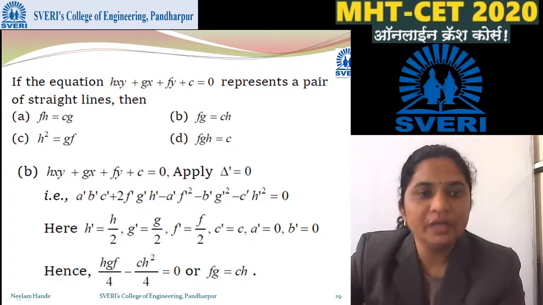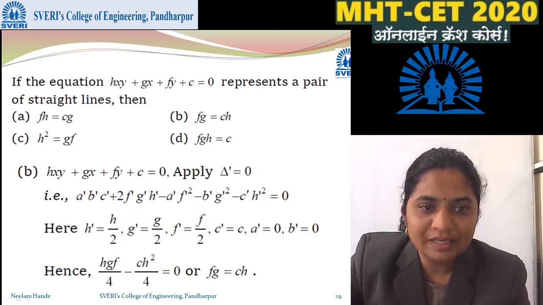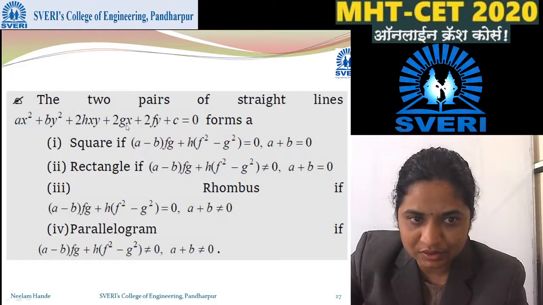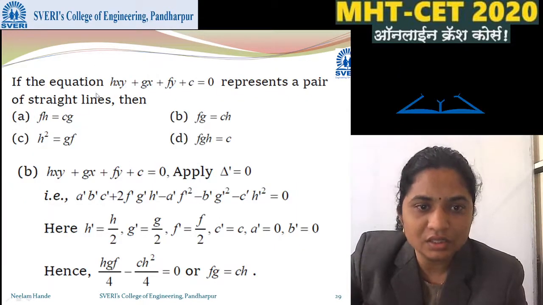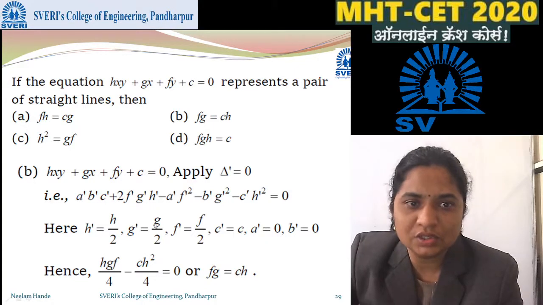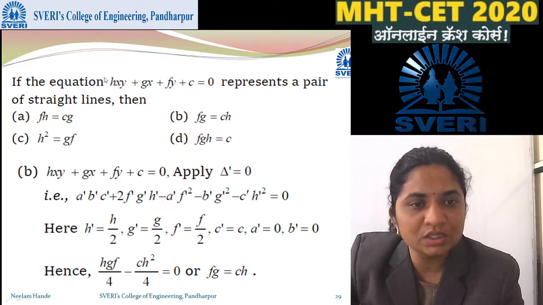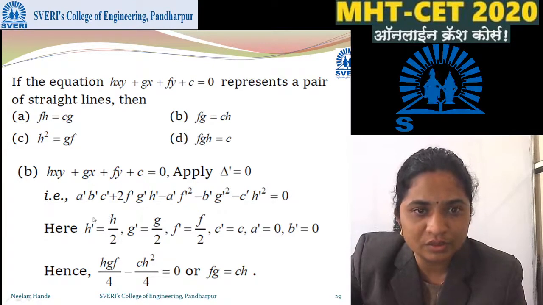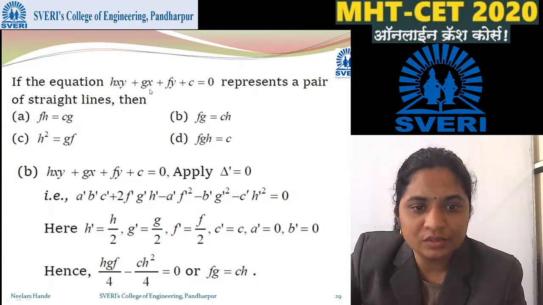So if we compare with the original equation, we get h dash, which is h by 2 because it is 2hxy, right? So 2h is h dash, so h dash is h by 2. Next, g dash is g by 2, f dash is f by 2 and c dash is c.